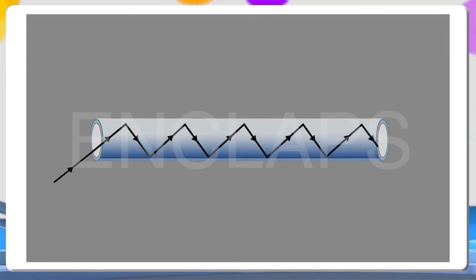The signals are entered into the core in such a way that the angle of incidence is greater than the critical angle of the core. Therefore, the signals undergo total internal reflection and are reflected back to the core repeatedly. So, by repeated internal reflections, the signal reaches the receiving device without any loss in the intensity.